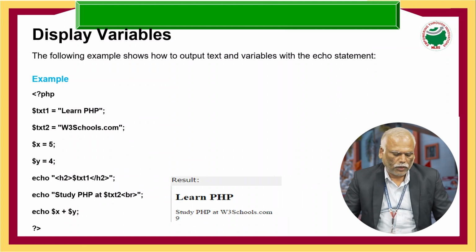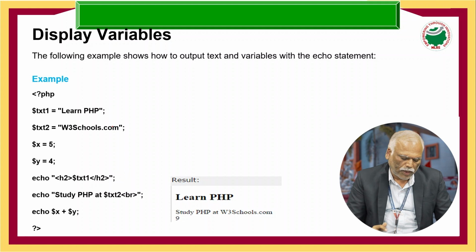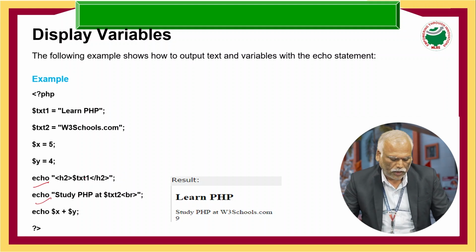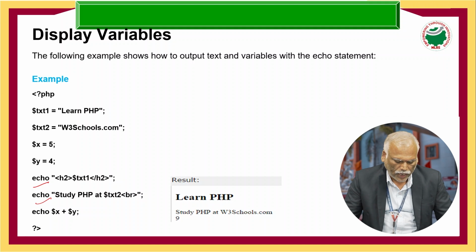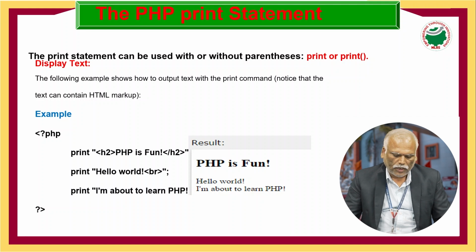Displaying variables. Variables can be declared and assigned values, and can be displayed by using the echo statement with the name of the variable, sometimes including HTML tags also. The print statement is similar to echo.